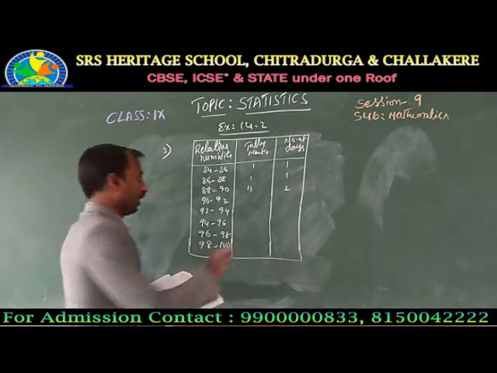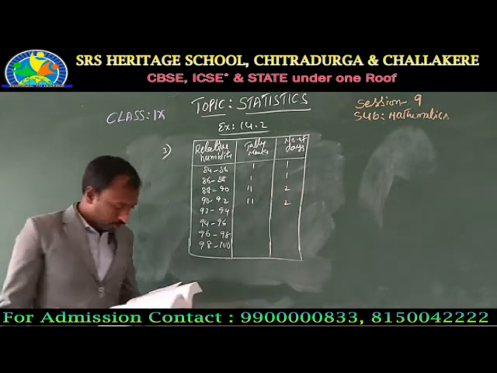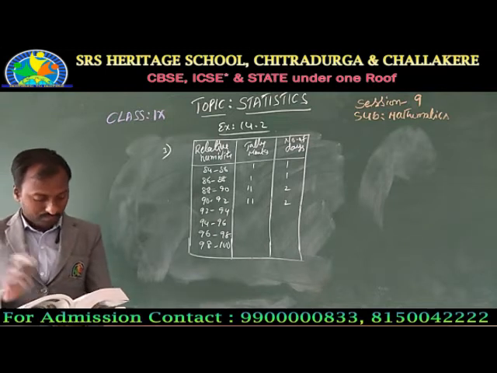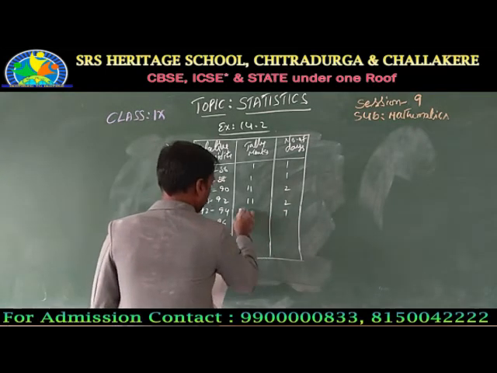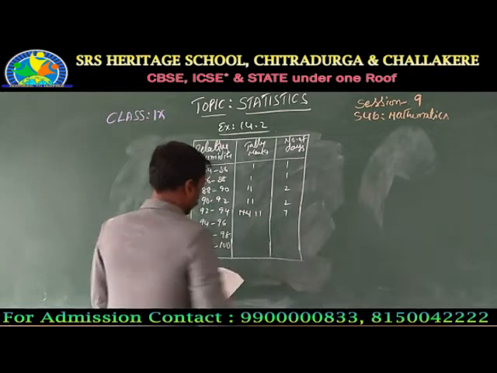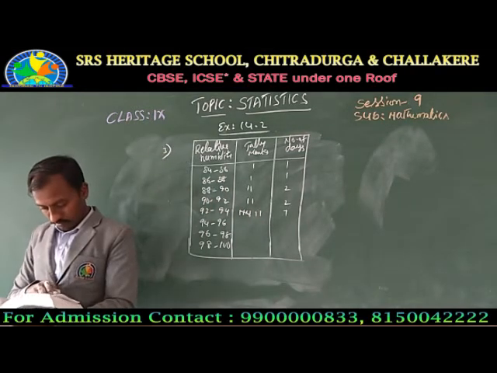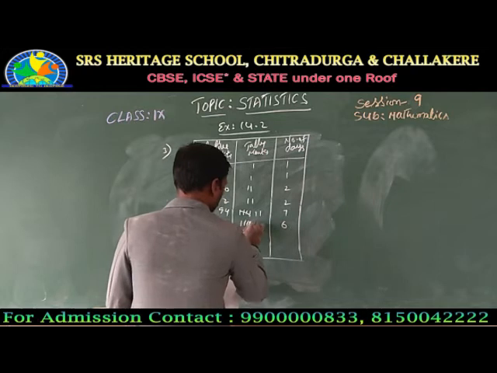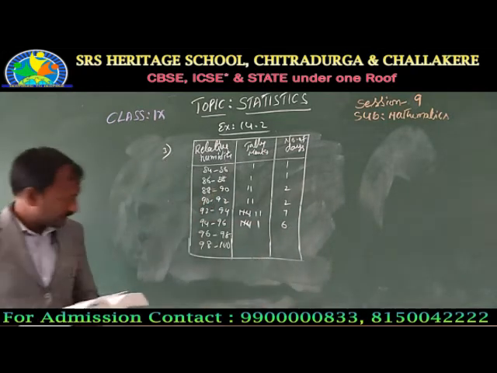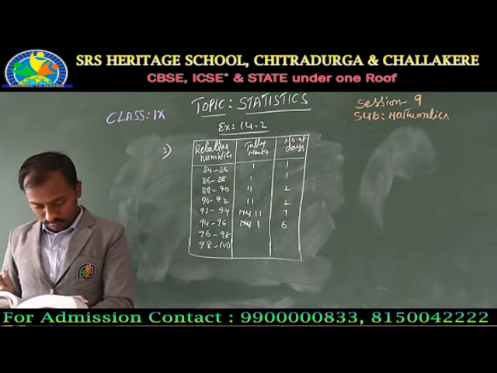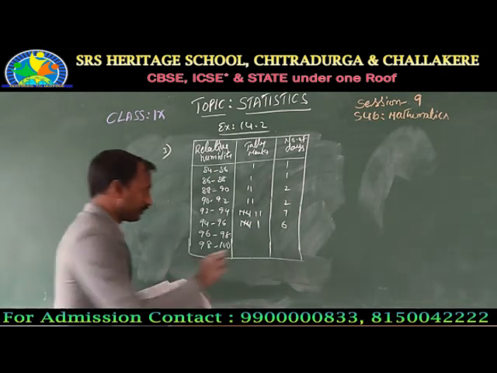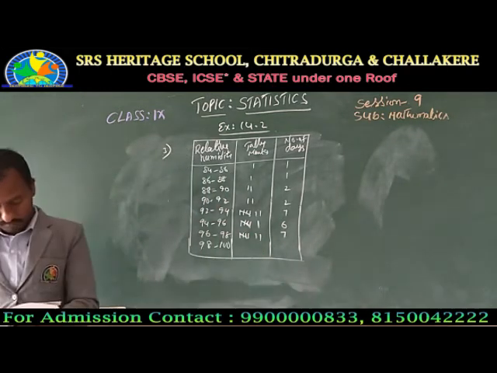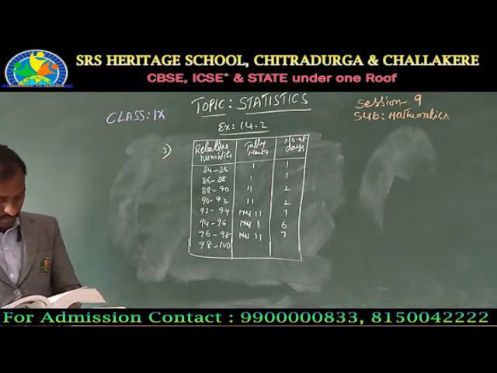There are only two. 92 to 94. 90 to 94 there are 7. 94 to 96, there are 6. 96 to 98, there are 7. 98 to 100, there are 4.